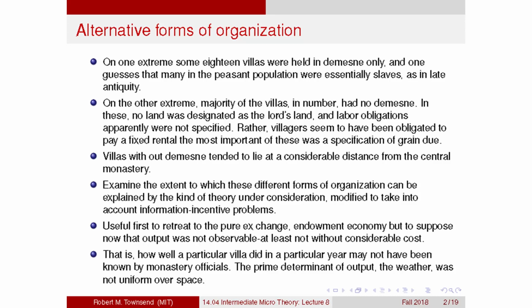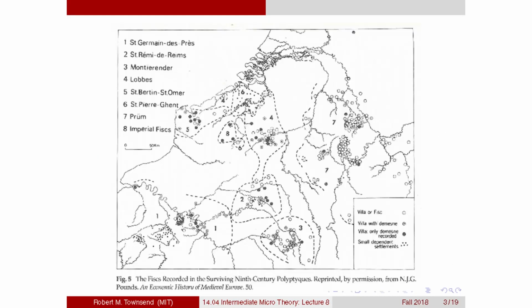So the motivation for the first part was the fact that some of these villages lie far away from the central monastery. Some are very near. Some households work as serfs, slaves, others far away pay rent. So we wanted to explain this kind of variation in the organizations that we see.